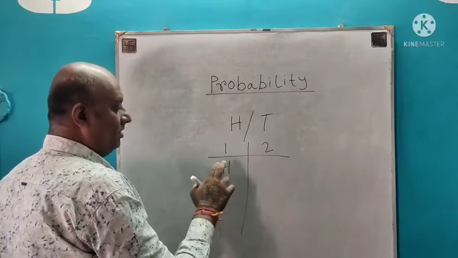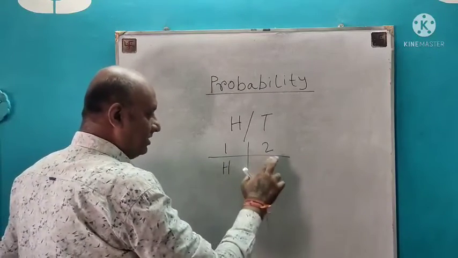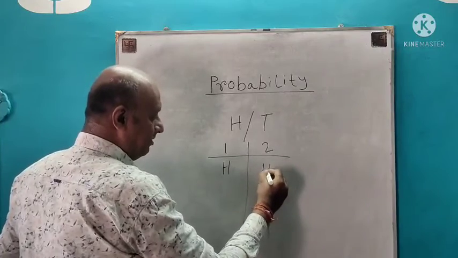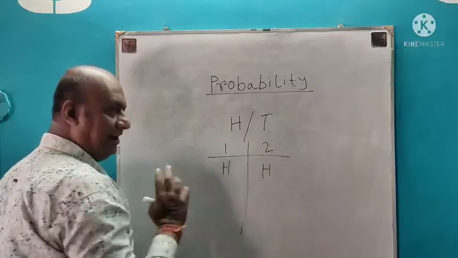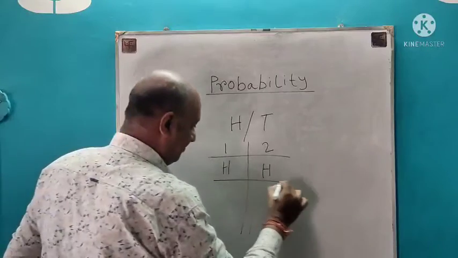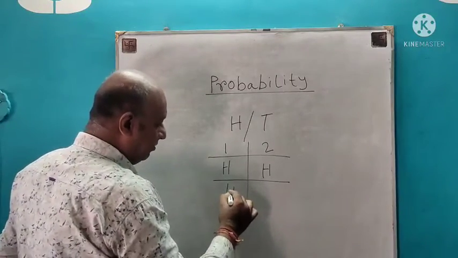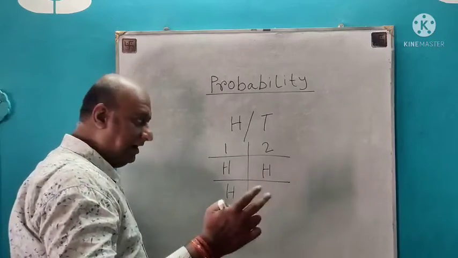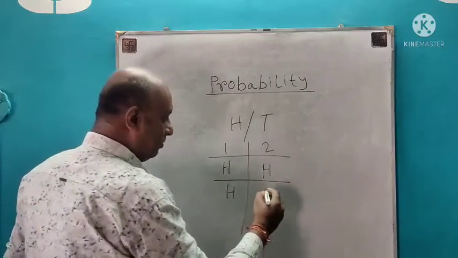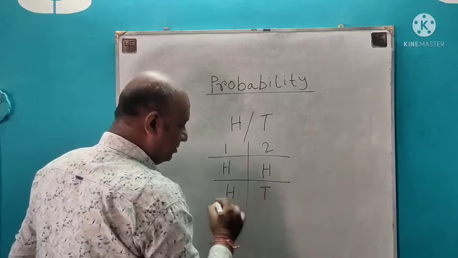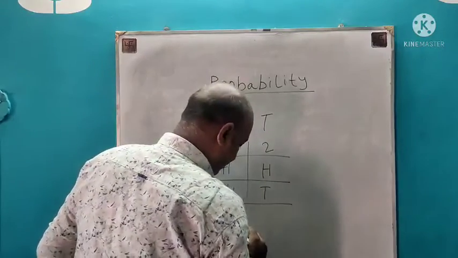On that toss, the second coin might get one head. So this is head and head, one possibility. Then in the first coin we can get a head, and in the second coin there is a possibility of getting a tail. So this is another possibility.